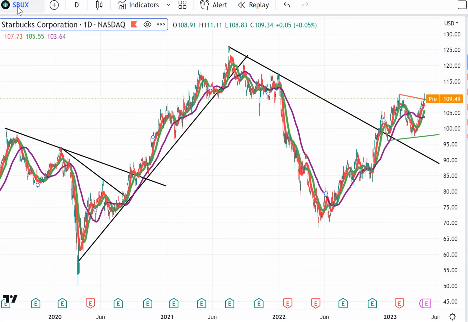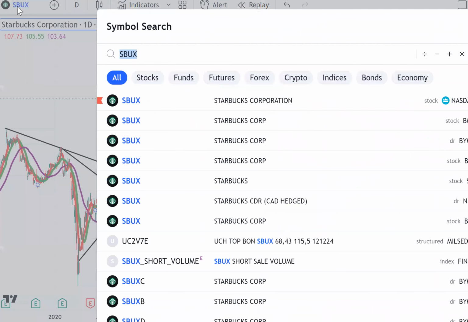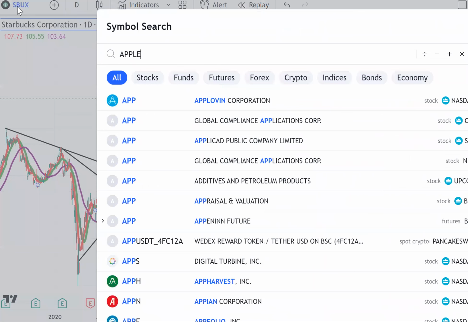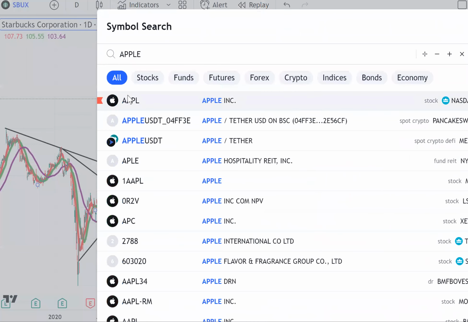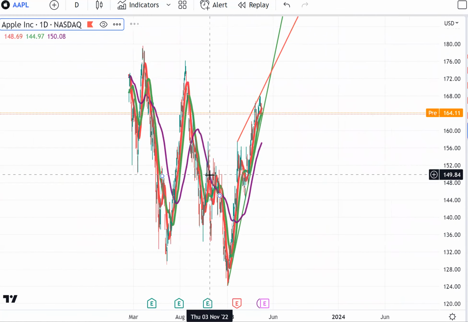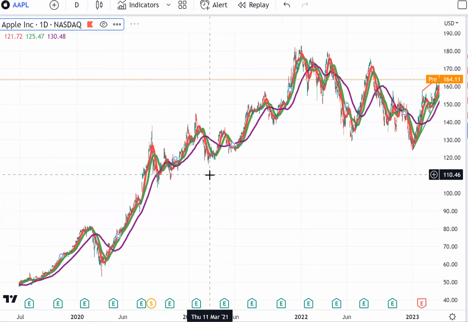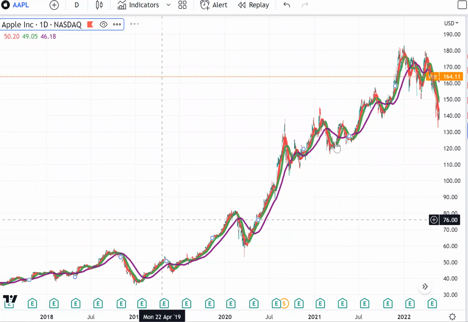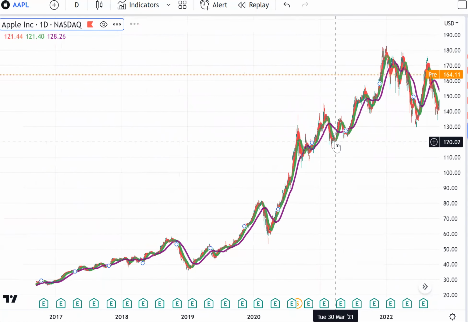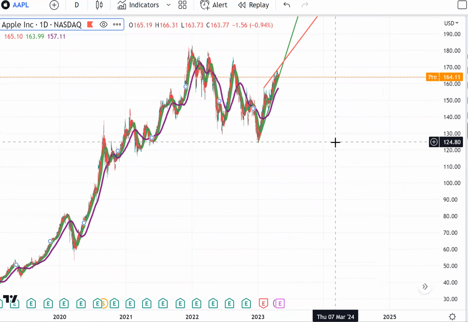So I want to show you another stock, for example, Apple. Apple is also one of my favorite stocks. You can see we have a big uptrend here, right? So when is a good buying timing? Are we in a good buying timing now?